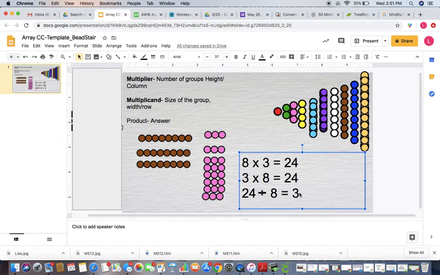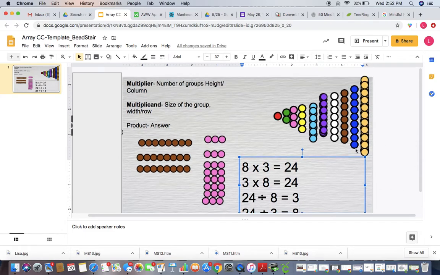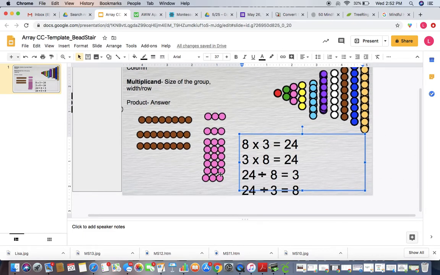So that makes our second problem, 24, and this time we divided it by 3, and we have a total of 8 groups. Okay, we have a total of 8 groups. Those are the fact families for this array.